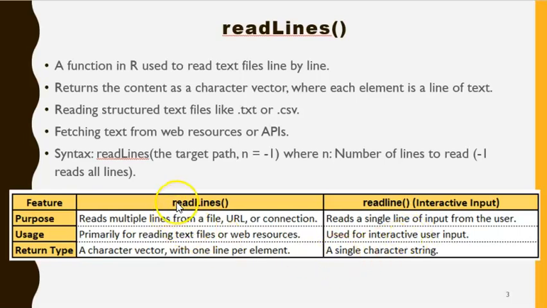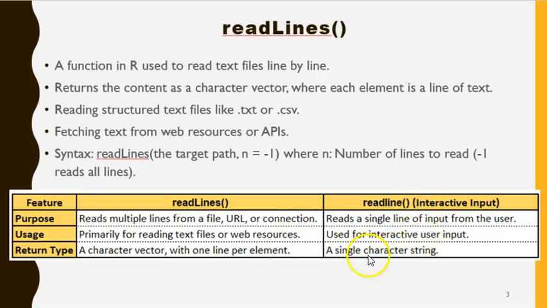And the important point is what it returns to you. readLines returns a vector that has character type, and each line of the text would be one element of that vector.